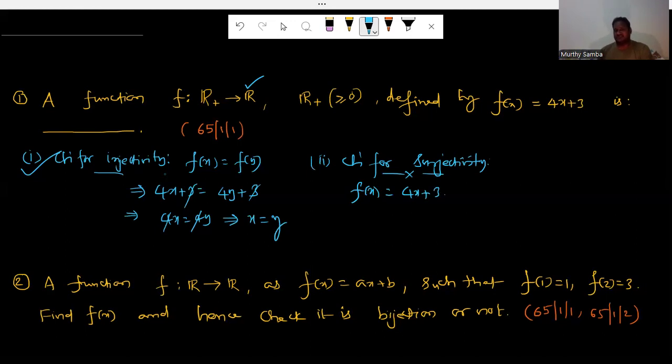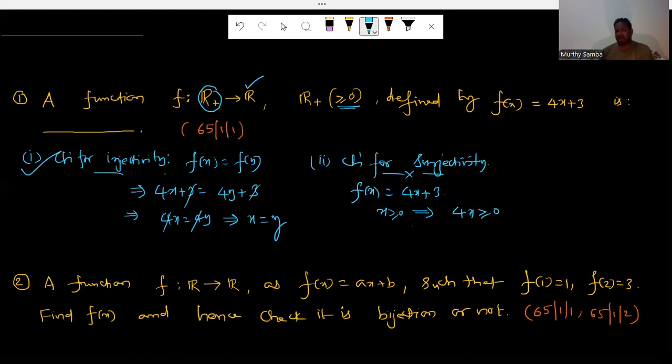Now, once you observe here, x is going to be a non-negative real number, so x is greater than or equal to 0. If x is greater than or equal to 0, then what about 4x? Multiply both sides by 4: 4 into x, which is 4x, is greater than or equal to 4 into 0, which is 0.